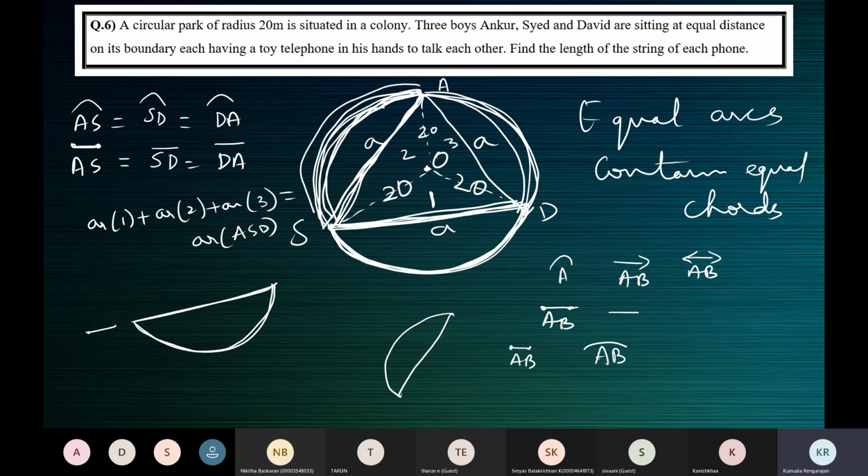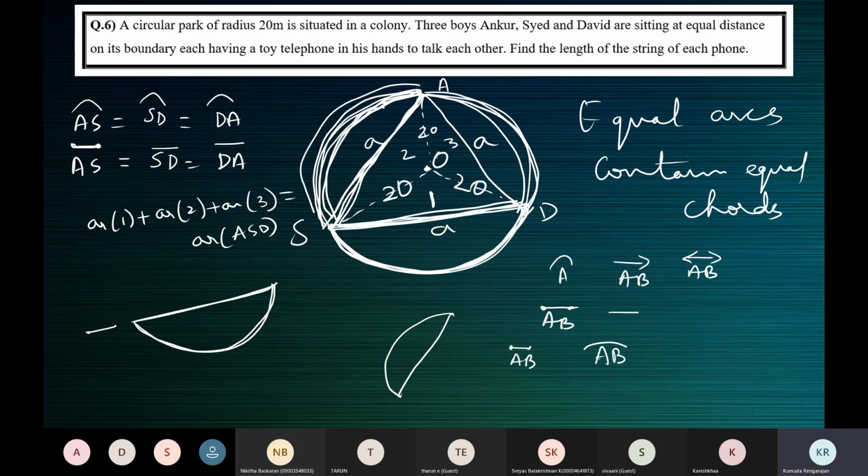So when you look at the three triangles, 1, 2, and 3, the sides are the same. The sides of triangle 1 are 20, 20, and A. Triangle 2, 20, 20, A. Triangle 3, 20, 20, A. So they'll have the same area when their sides are the same. If you try to find the area of these three triangles using Heron's formula, the three sides are 20, 20, and A, so you will get the same area.